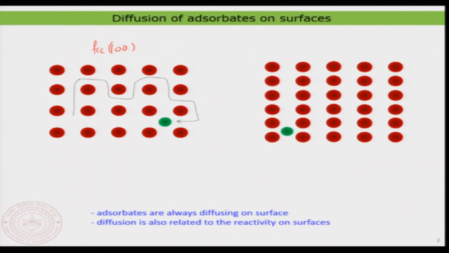Now, I take another surface, which is an FCC 110 surface. You see that again the surface structure is slightly different, and if I look at the time lapse of this surface, you see the atom is again moving on the surface, and it is all the time moving along a given track path.